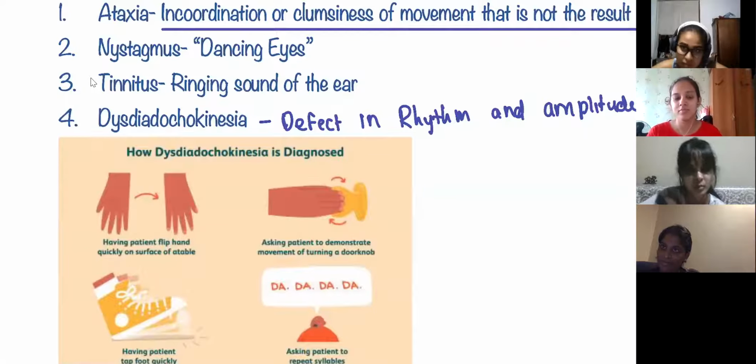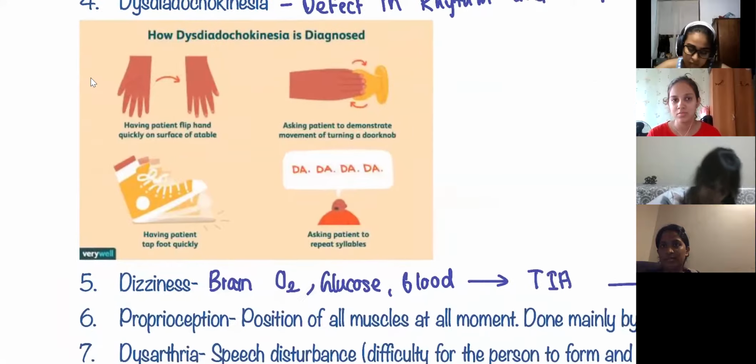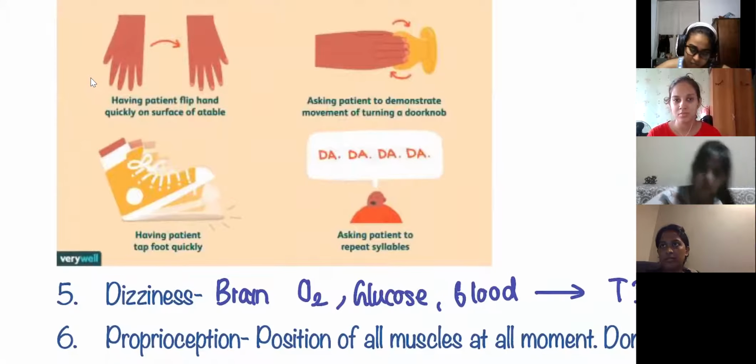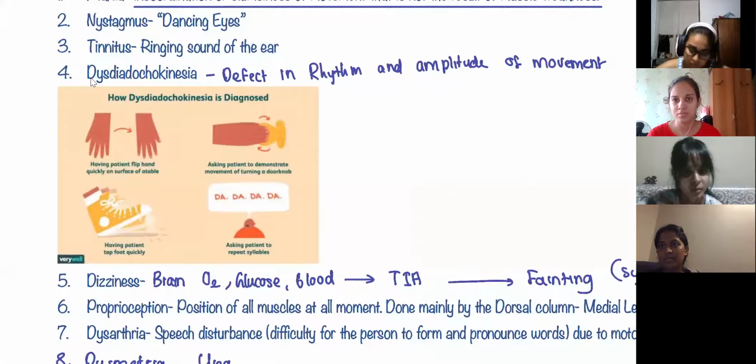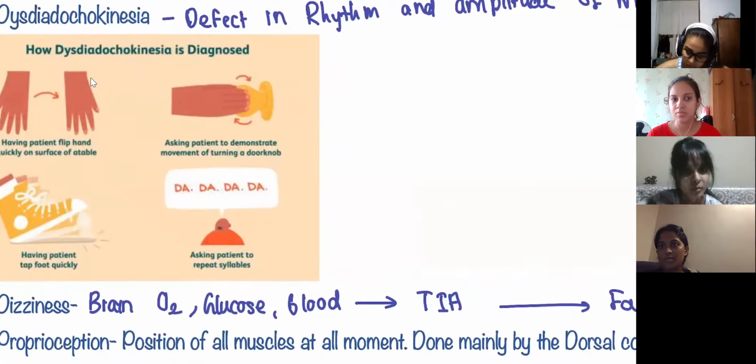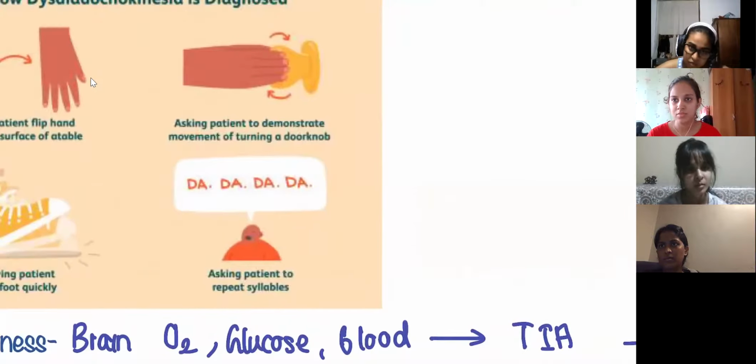People who have dysdiadochokinesia will not be able to do it at a proper rhythm. They will do it slow, they will do it fast. It will be weird. A better way to check this is to have the patient tap the foot quickly. He will find it difficult to maintain a proper rhythm. Even if you ask him to repeat a syllable, he won't be able to have a rhythm. He will stop somewhere, start again.